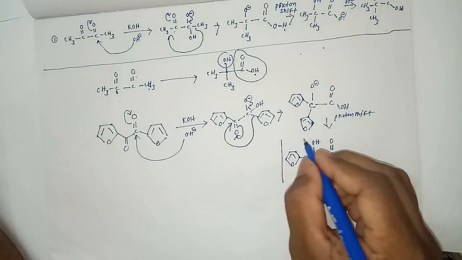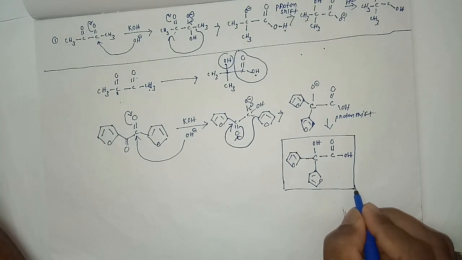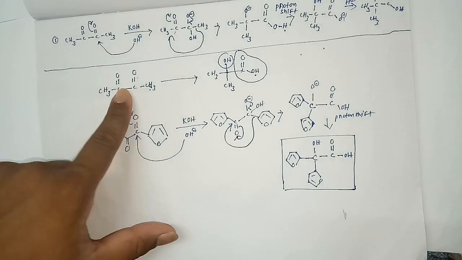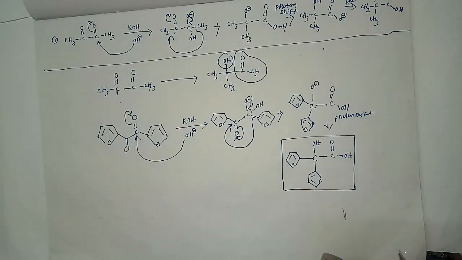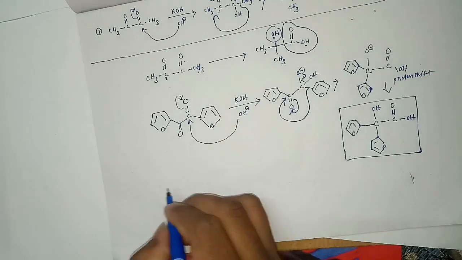So these are some examples related to benzylic acid rearrangement. In this case we know that the two ketones are converted into an alcohol and a carboxylic acid. Okay, one more example. For example, we have this type of structure.